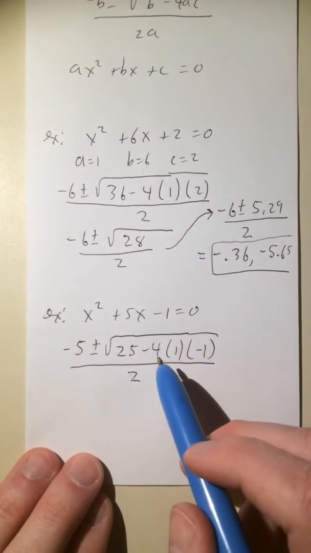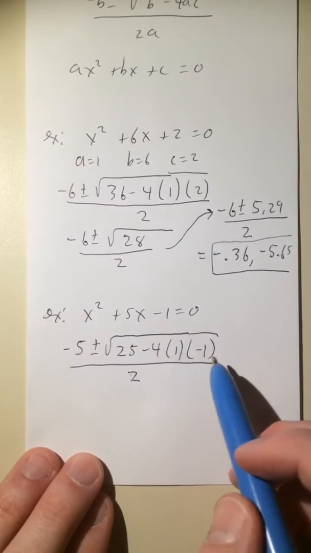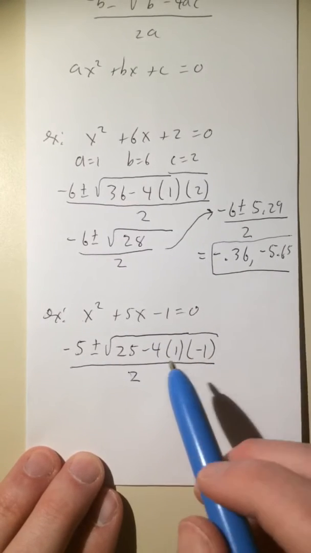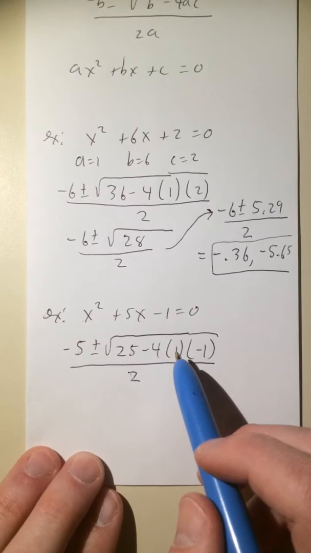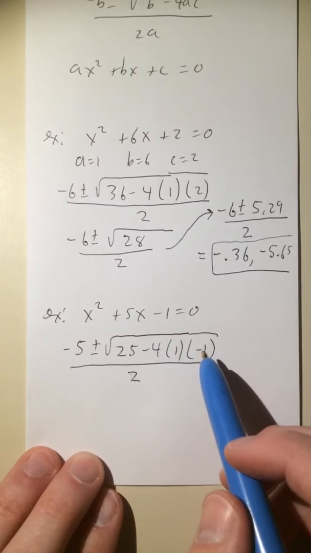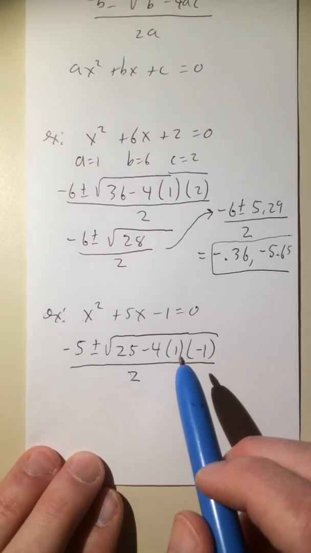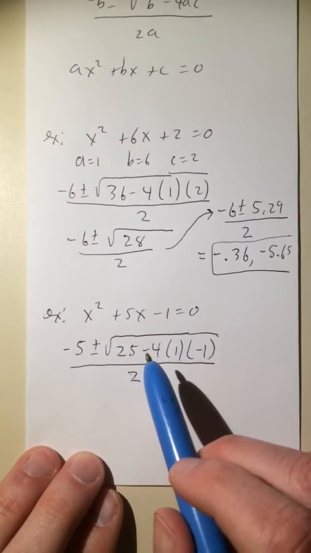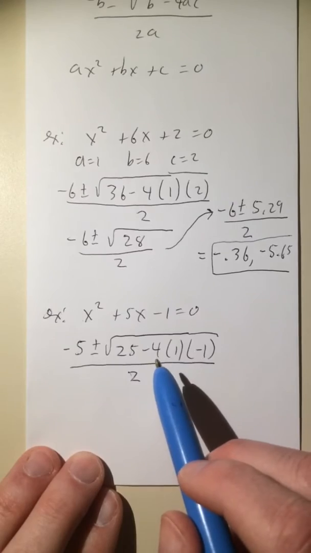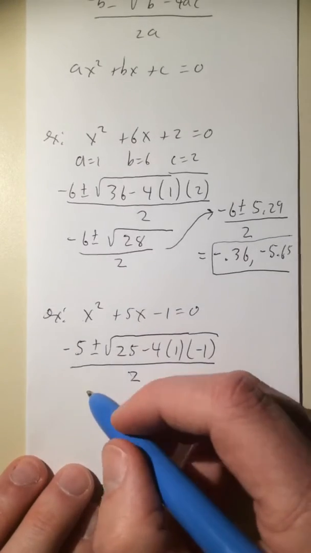All right, so I threw in a negative number here just to make sure we'd have to struggle with that just a little bit. We got 4 times 1, of course, is 4, times negative 1 is negative 4, and 25 minus negative 4 is the same as 25 plus 4, or 29.